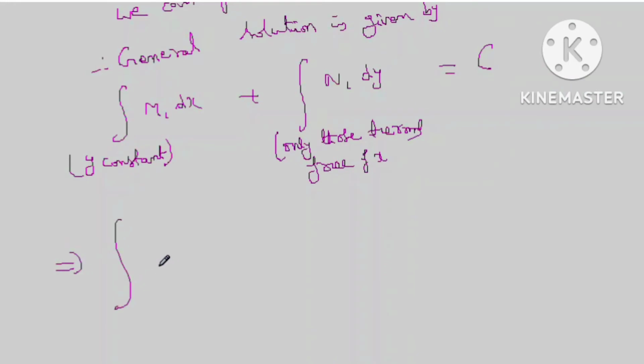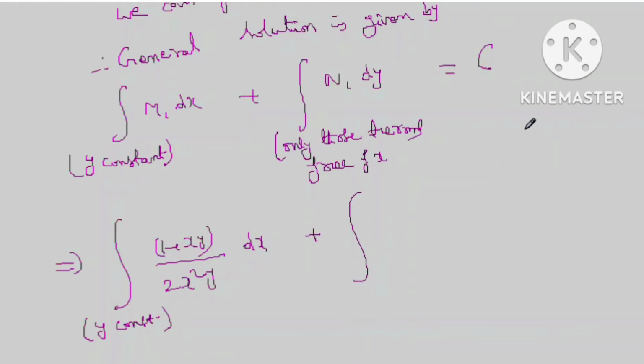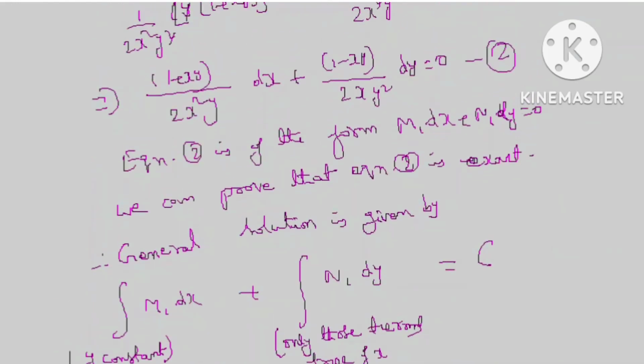So this implies what? Integral of M1, which is (1 plus xy) by 2x square y, dx. So you have to treat y as constant, plus integral of N1. Now let us check what N1 is. N1 is (1 minus xy) by 2xy square. So when you separate the terms, it will be 1 by 2xy square minus xy by 2xy square, right?